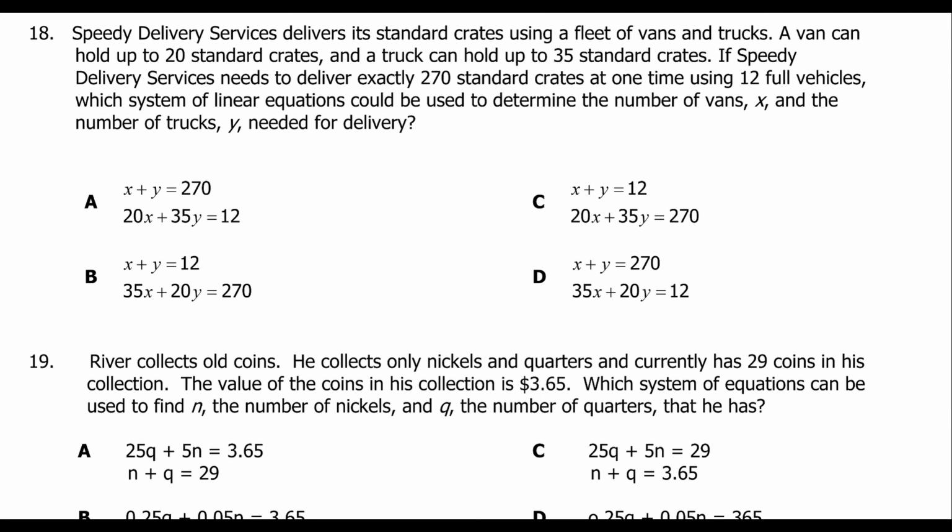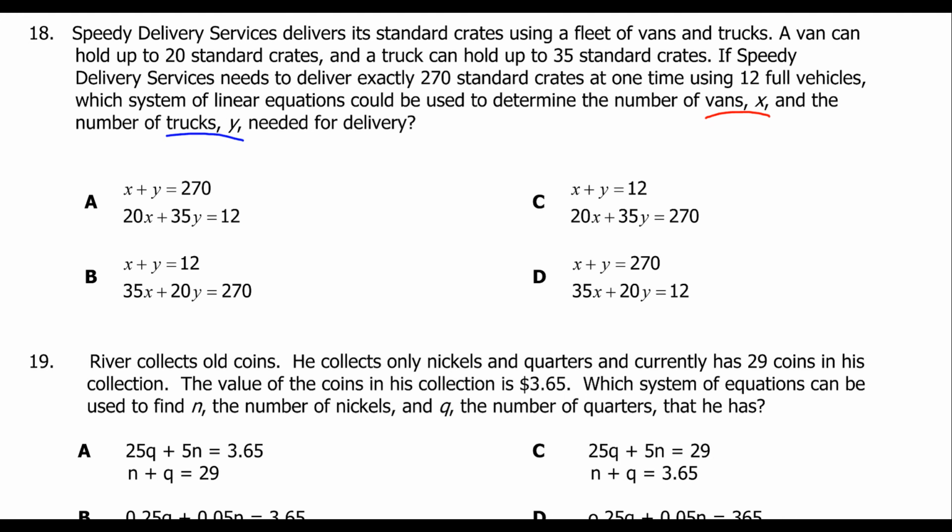If Speedy Delivery Services needs to deliver exactly 270 standard crates at one time using 12 full vehicles, which system of linear equations could be used to determine the number of vans, X, and the number of trucks, Y, for delivery? Okay, so we've got X equaling vans. We've got Y equaling trucks.